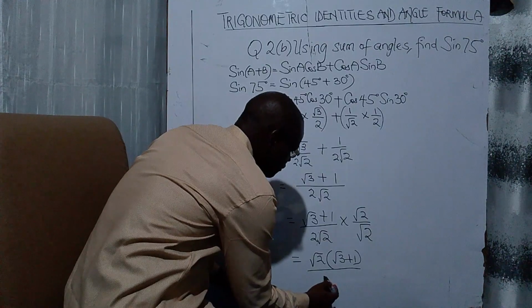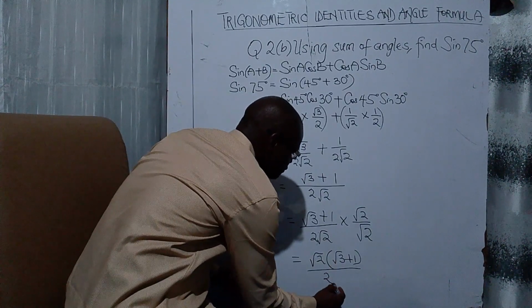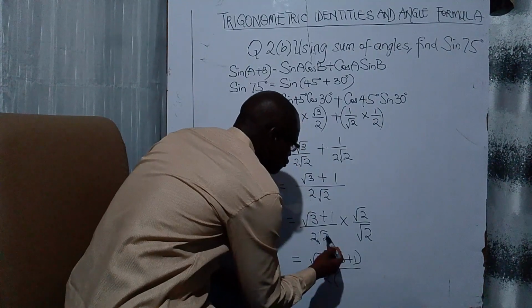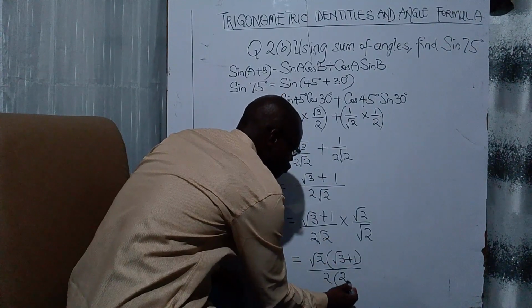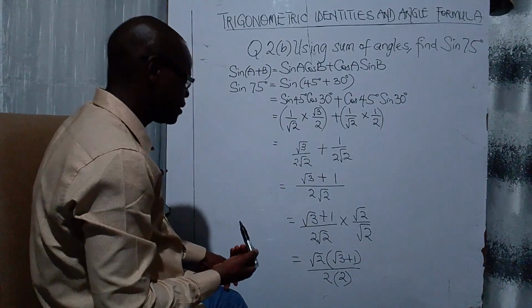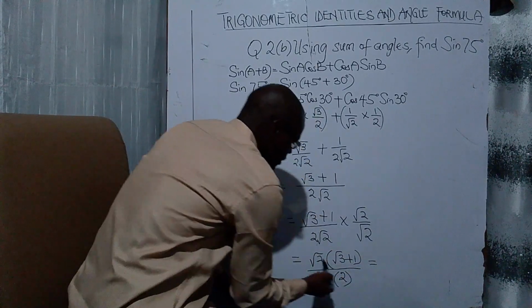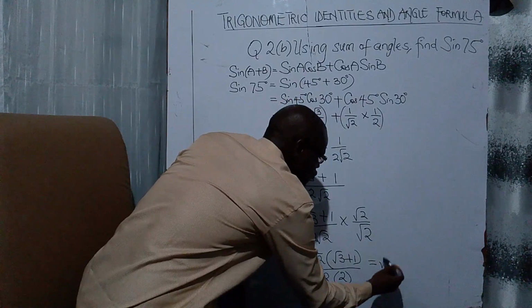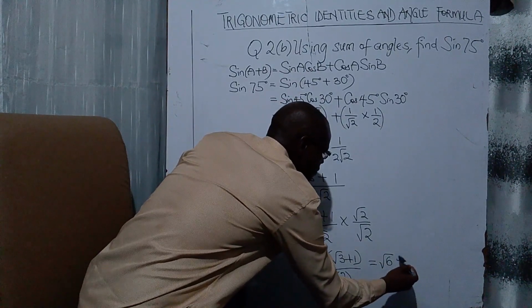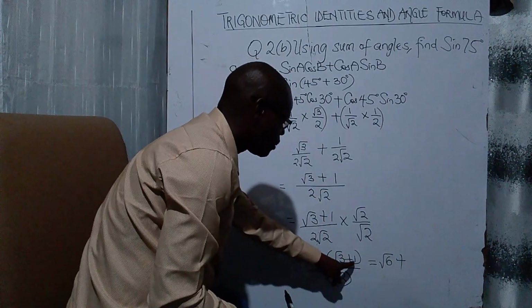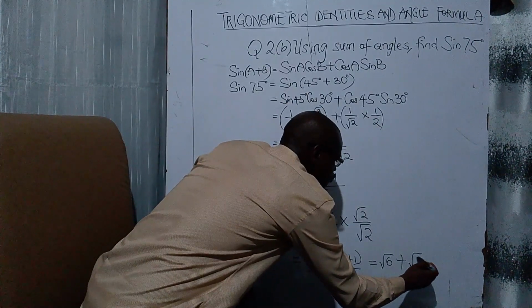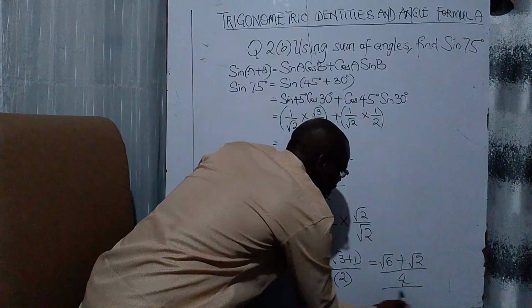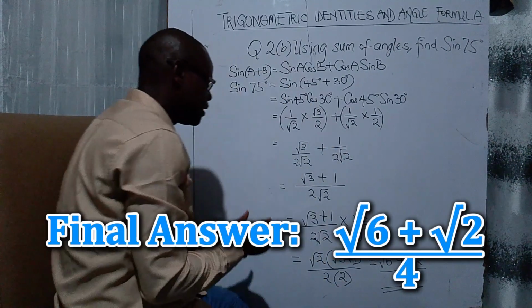So eventually, when you expand that bracket, root 2 multiplied by root 3 will give us root 6 plus root 2 multiplied by 1 will give us root 2 divided by 4, and that becomes our final answer.